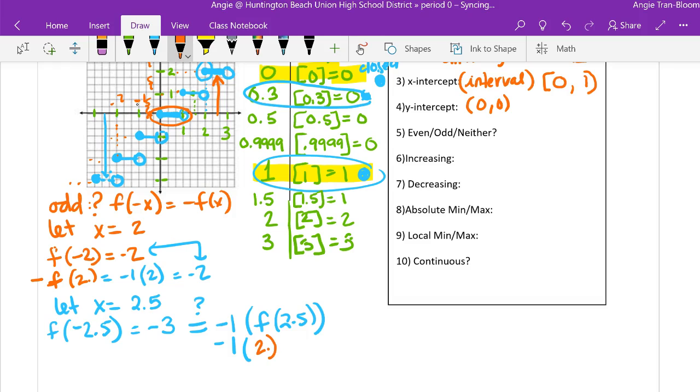So it's -3 equals -2, question mark. Well, it's not. So guess what? This is not odd and it's not even. So this is neither. So when you are plugging in a constant, make sure you plug in a few different numbers to really have an understanding of whether it's odd or even, okay?